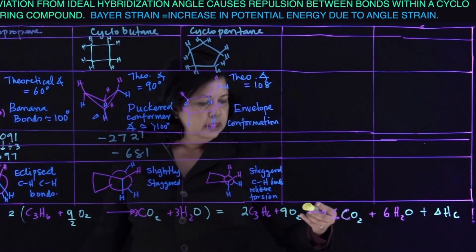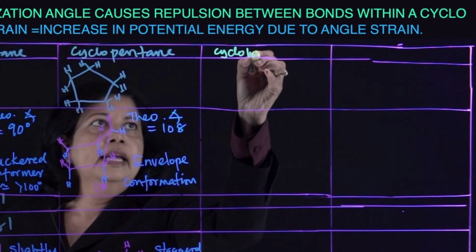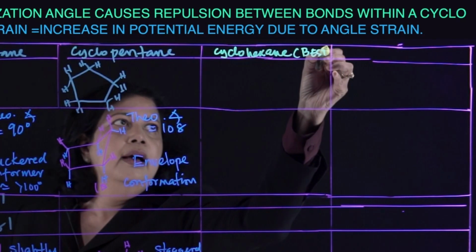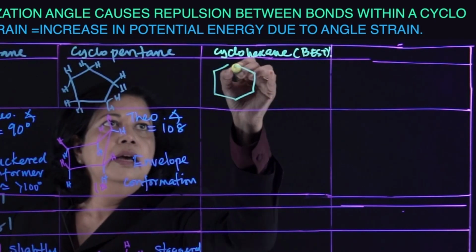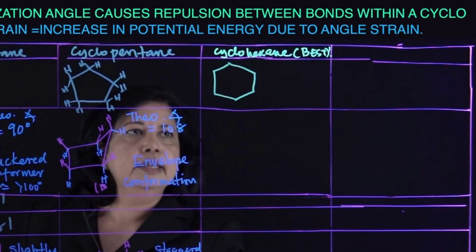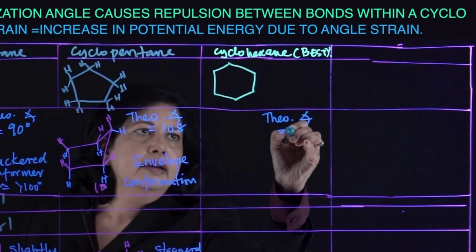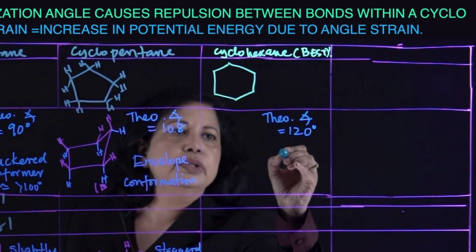All right. So let's draw it out. Cyclohexane. Best. Okay, hands down, that's the best. And then the theoretical angle is going to be 120. And so it goes into relief, that it goes into a chair.